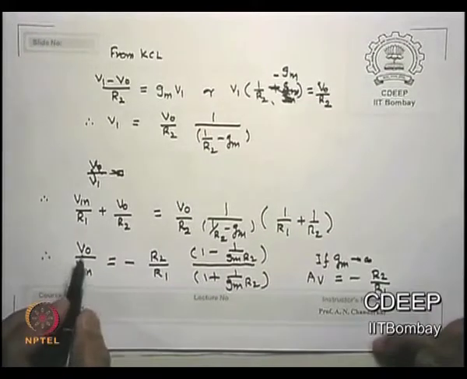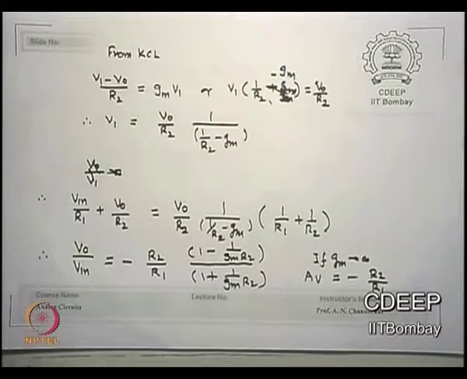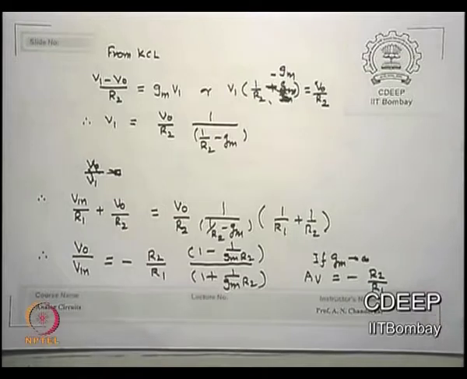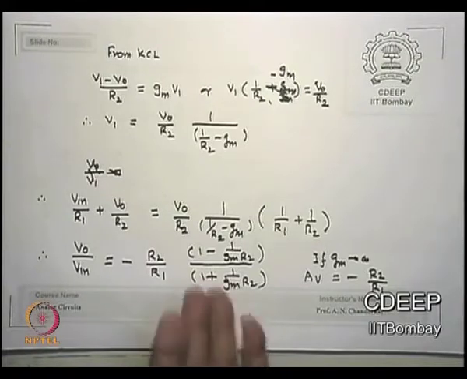So I get V0 by Vin is minus R2 by R1, और ये दो न्यूमरेटर और डिनोमिनेटर पे दो बड़ी टर्म्स आ रही है, 1 माइनस 1 अपॉन GMR2 एंड 1 डिवाइडेड बाय 1 प्लस 1 अपॉन GMR2. We normally say in OPAMP the voltage gain is minus R2 by R1, that is what we have been telling people earlier. But I have now derived the expression which is actually this. The gain is this expression.